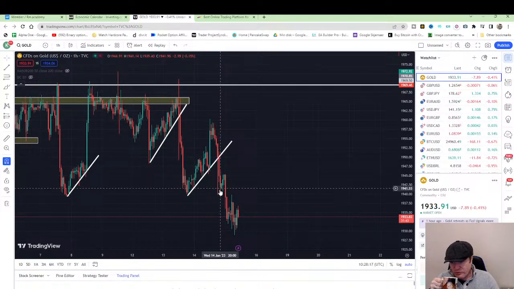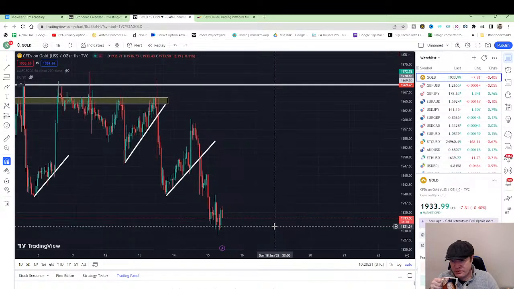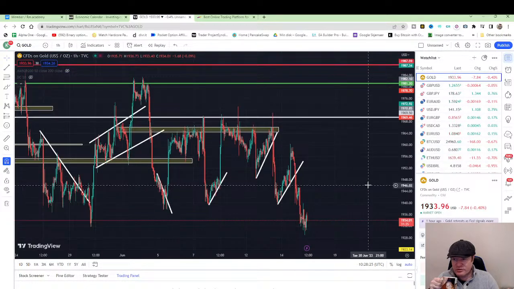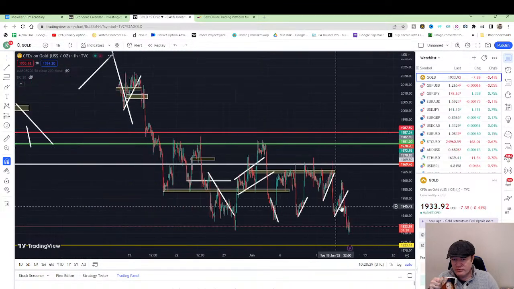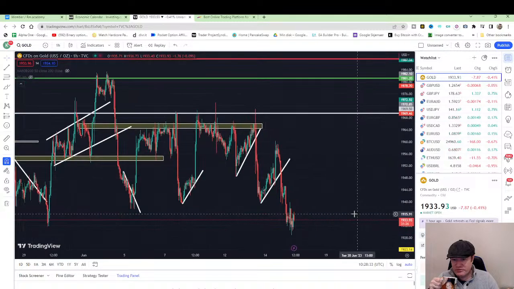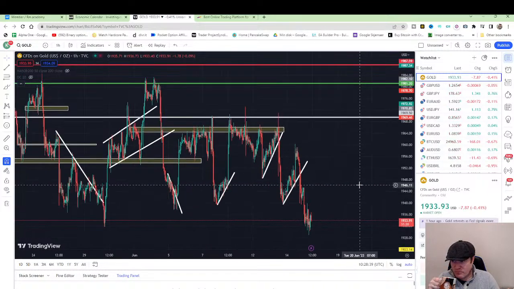We broke down, we came to the start of the trend and we broke even more down. So with that, I can't see that much we can do in the market. But yes, gold has lost value for a little while now, so it's a downward trend. But it's not a beautiful trend.